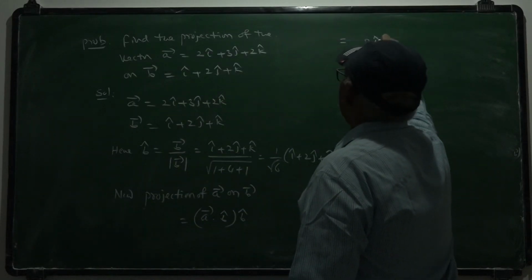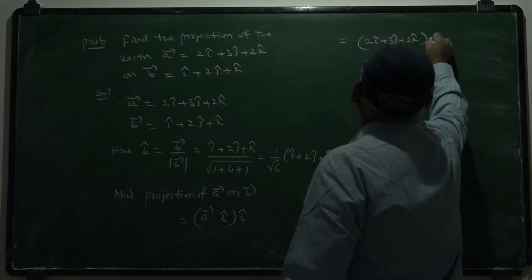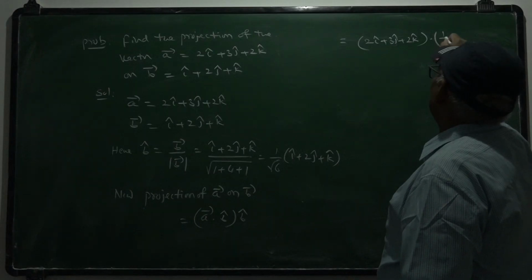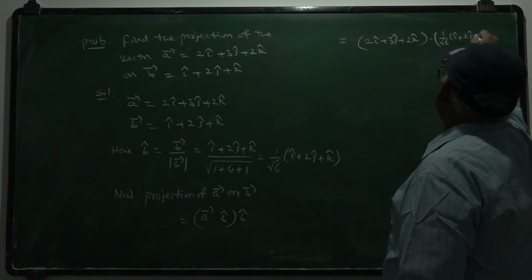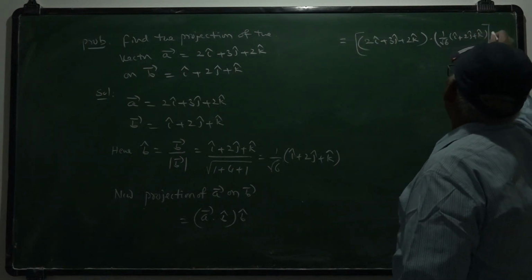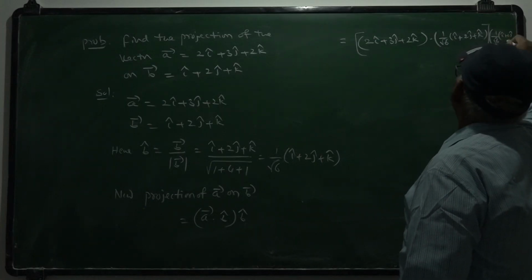That is 2i plus 3j plus 2k dot b cap. b cap is 1 by root 6 into i plus 2j plus k.